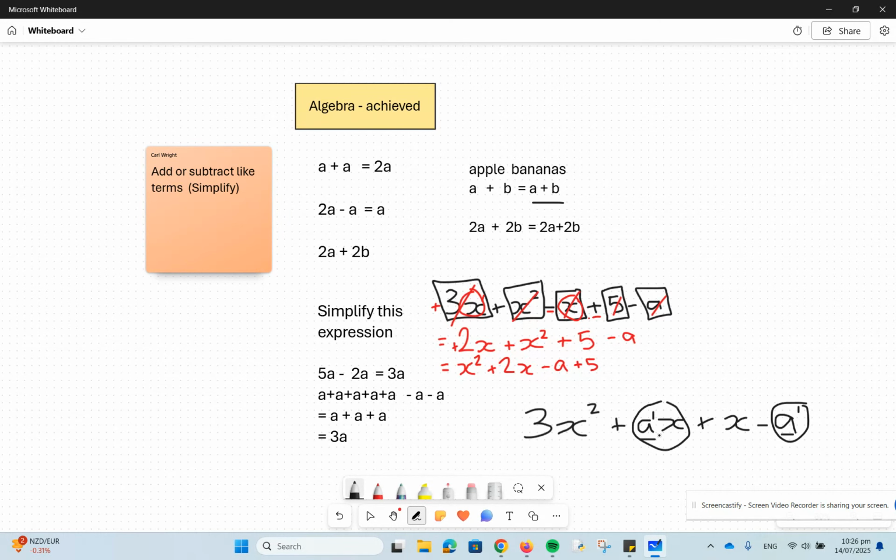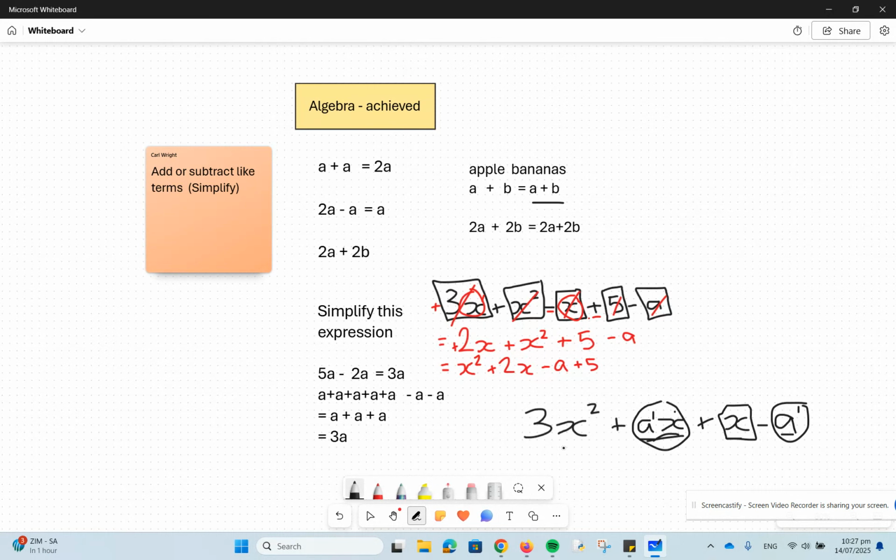This here, they're sort of joined together a little bit, which means that I can't do anything with that x there because this has got an a with that x, so we can't do anything with that one separately. This here has to be the same.